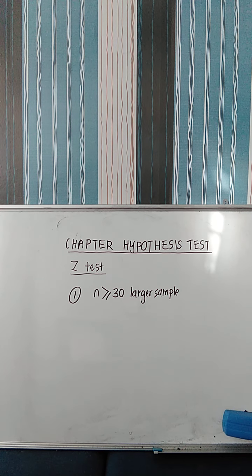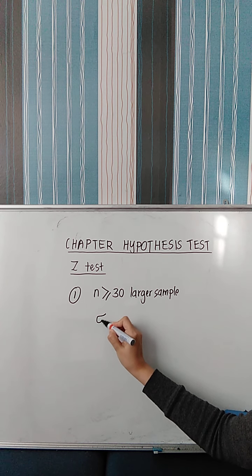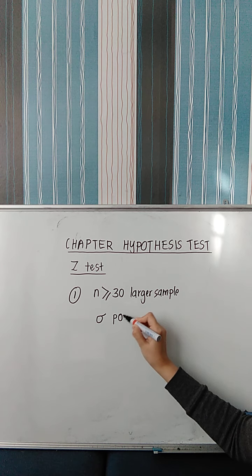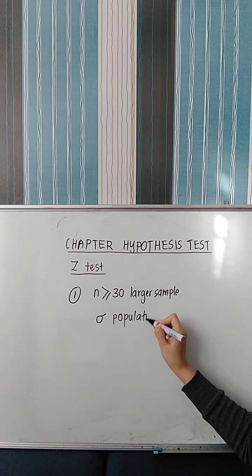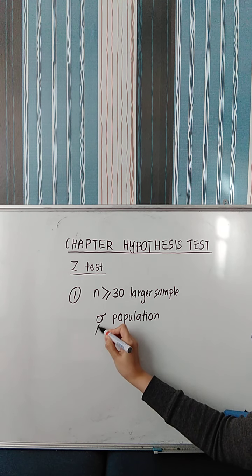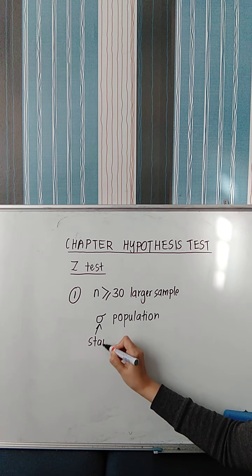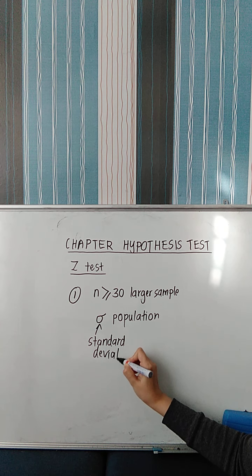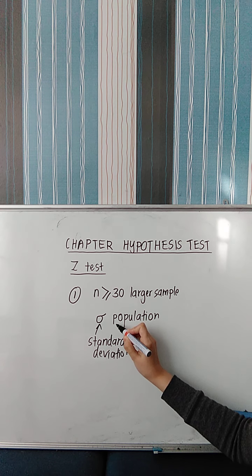And you must know the standard deviation for population. This is the symbol for standard deviation, standard deviation for the population.